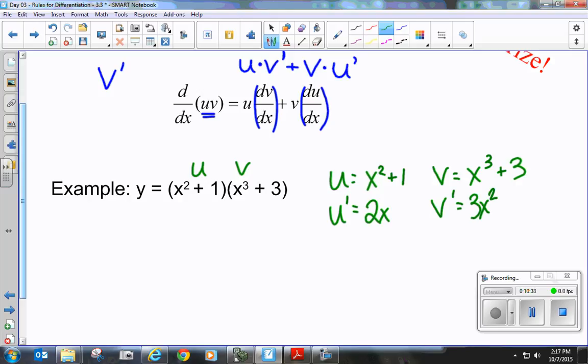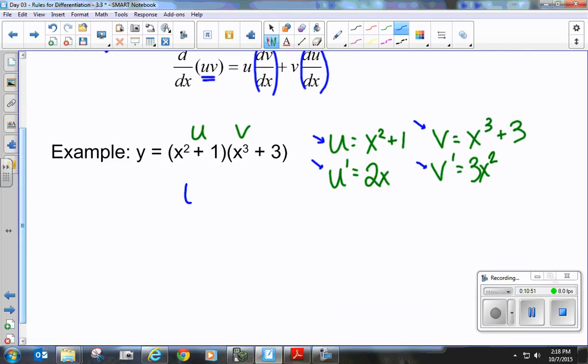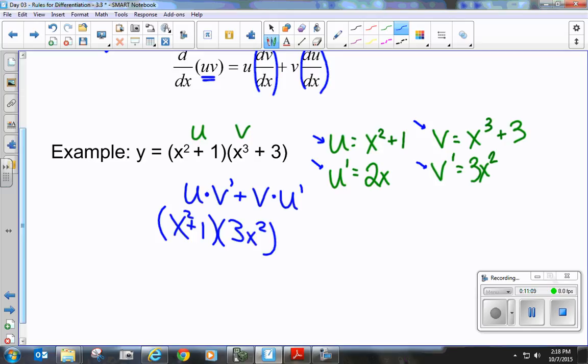3x squared. And that's it. So now I take the first one, which is u, and multiply it times the derivative of v, plus the second one, v, times the derivative of u. That's it. So it's first times the derivative of the second, plus second times the derivative of the first. u is x squared plus 1. What's the derivative of v? 3x squared.